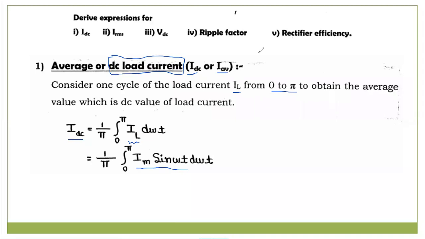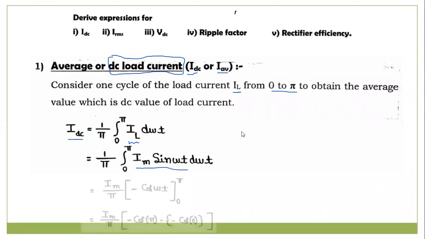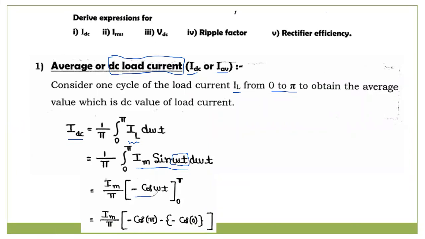The integration of sin theta is minus cos theta. Here, instead of theta, we have omega t, so we'll get an expression like minus cos omega t. The lower limit is 0 and the upper limit is pi. Im is a constant, so we took it outside the integration. So we'll get an expression like Im by pi times minus cos omega t.